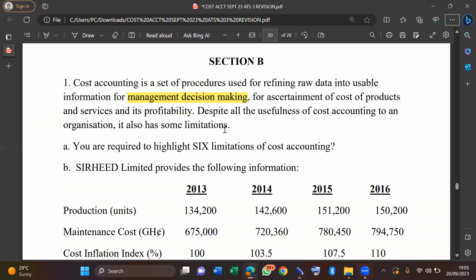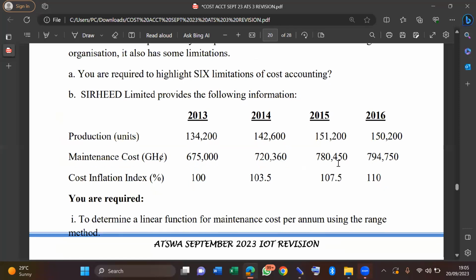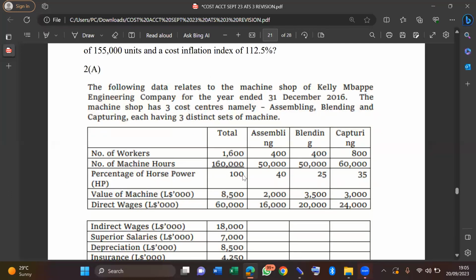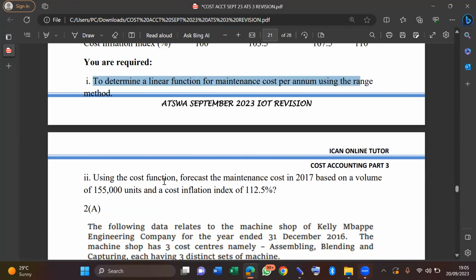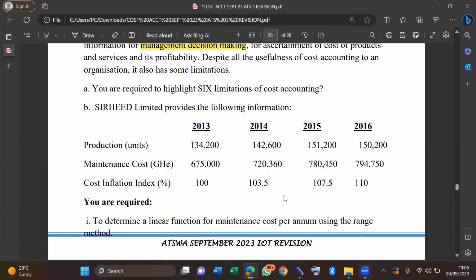Now, let us check the big part of it. Side Limited. When you have a question, I always love to start from the requirement. Side Limited, we're given the following information. You are required to determine the linear function for maintenance cost per annum using the range method, and using the cost function, forecast the maintenance cost in 2017 based on the volume of 155 units and a cost inflation index of 112.5.